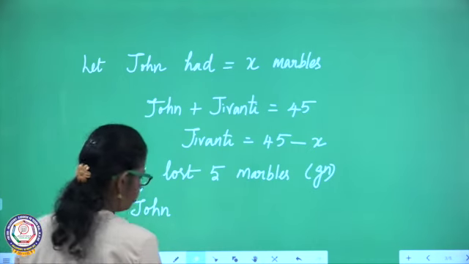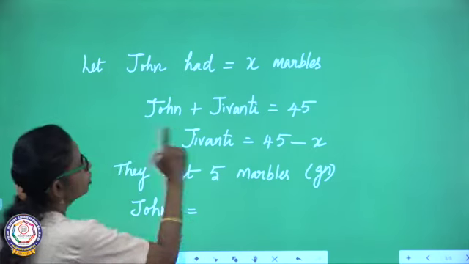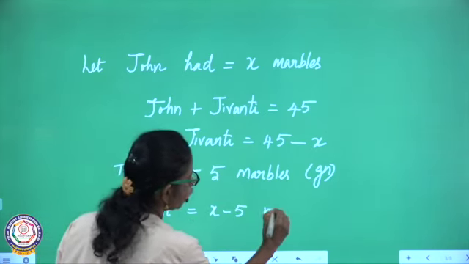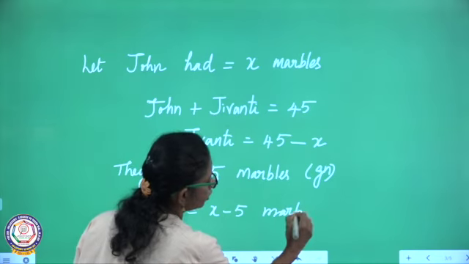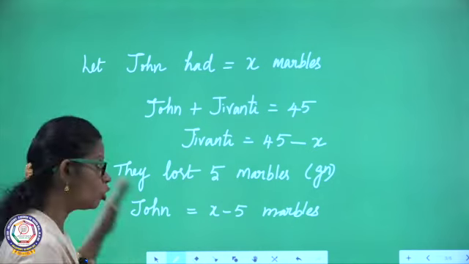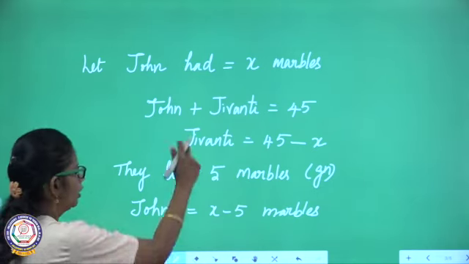John equal to, how many marbles he had? X minus 5 marbles. Why? Because they lost 5 marbles, both of them. So, you have to do the subtraction on both the parts, right?